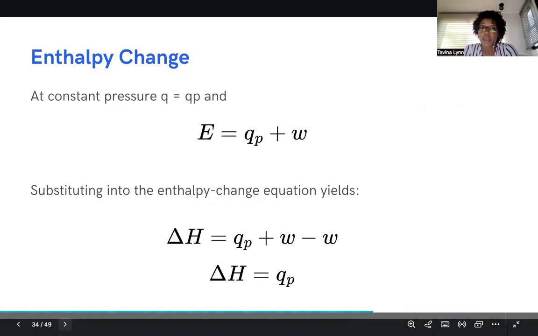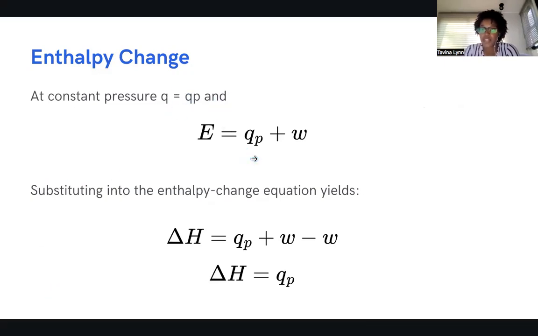At constant pressure, our heat becomes Q sub P, which just means heat transfer under constant pressure conditions. If we substitute this term for what energy equals into our equation on the previous slide for enthalpy, we end up with this equation here.